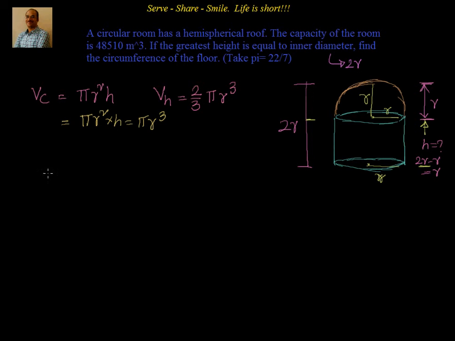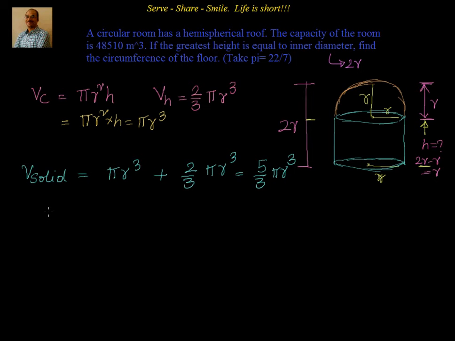My next step will be, I will write down the volume of the solid is equal to pi r cube for the cylinder, plus 2/3 pi r cube for the hemisphere. If you take LCM and add 1 plus 2 by 3, you will get 5 by 3. So 5 by 3 pi r cube, and this is given equal to 48,510.